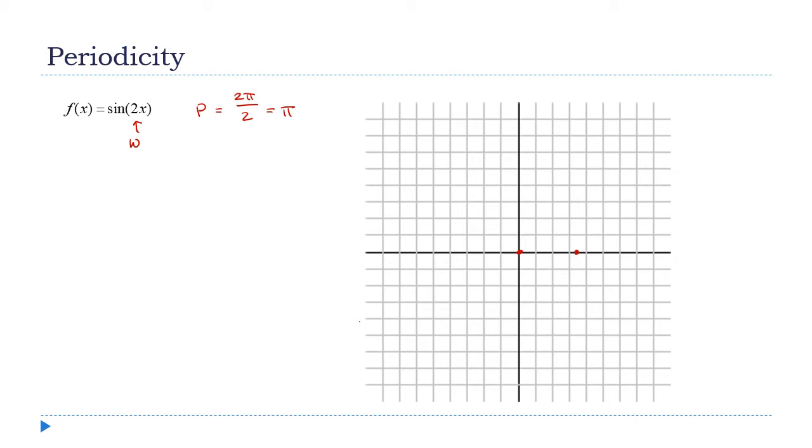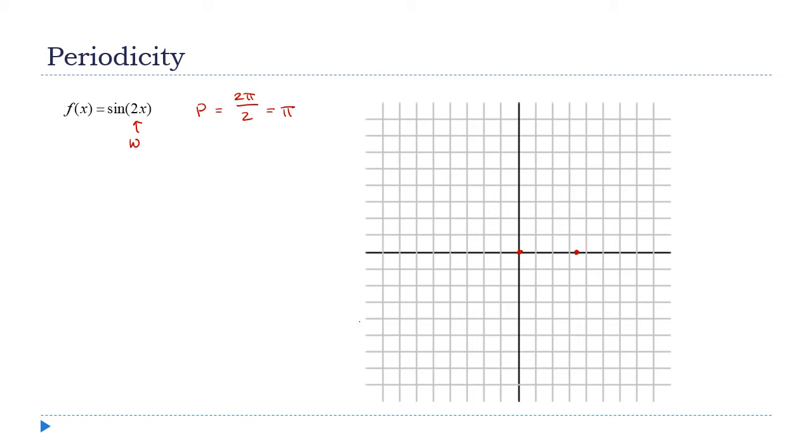I'm going to get an entire period, an entire repetition of this graph in that one space. So I want you to think about what happened now. The original graph took 2 pi units to get this done. Now it's only going to take pi. So this has effectively scrunched up the graph into a smaller space.